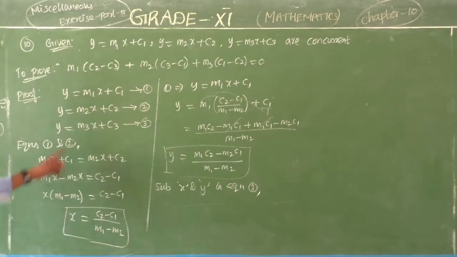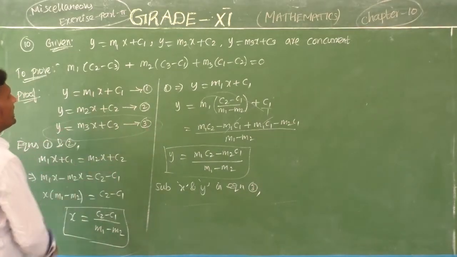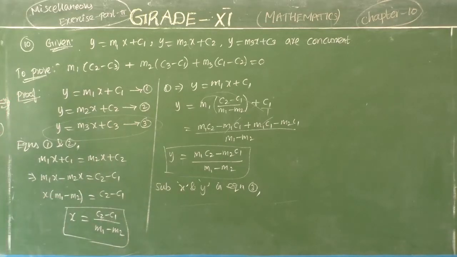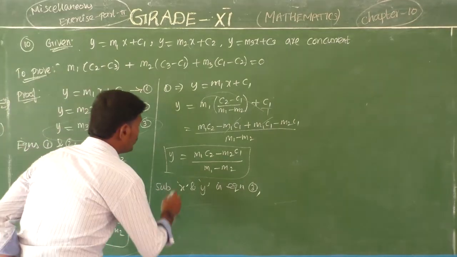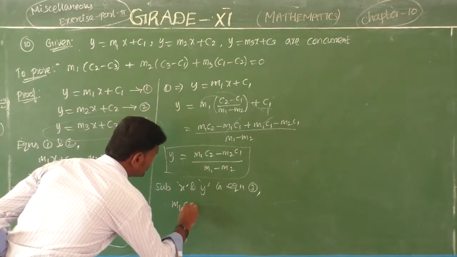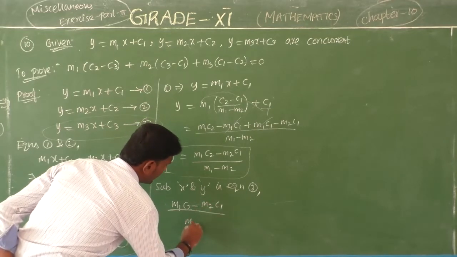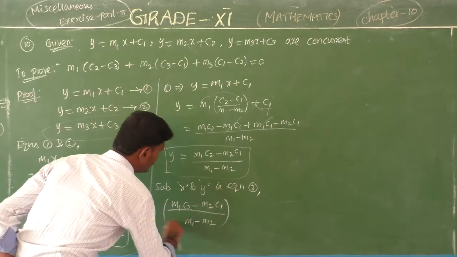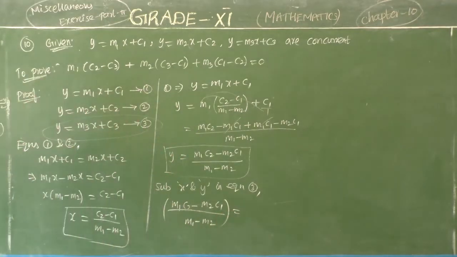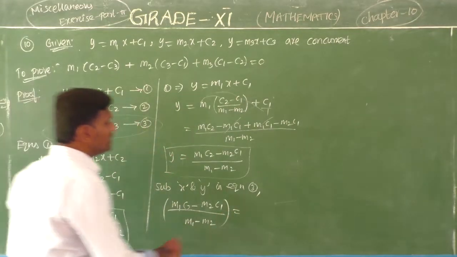What is equation number 3? y equal to m3x plus c3. Now you have y as m1c2 minus m2c1, the whole divided by m1 minus m2, which is equal to m3 into x.